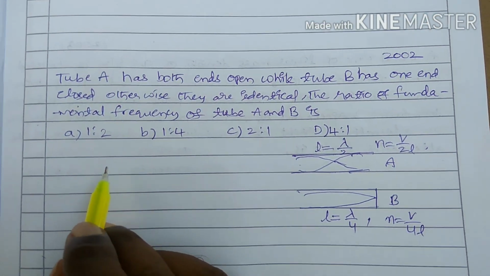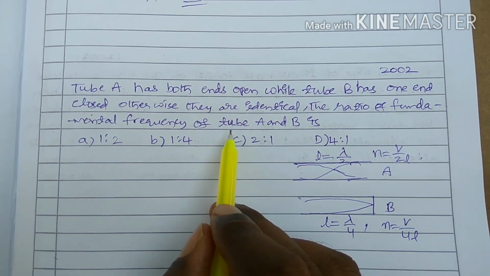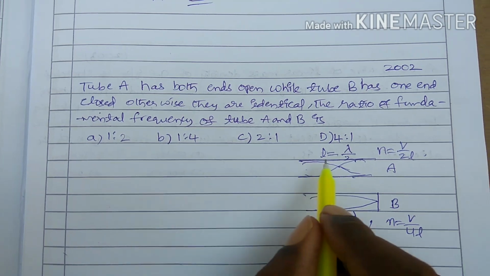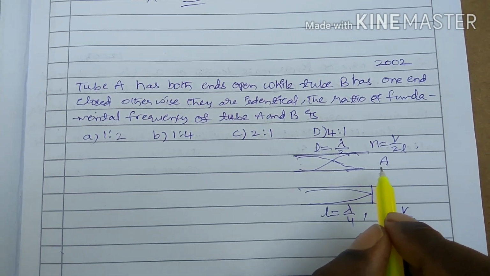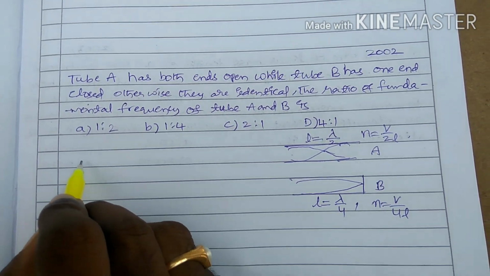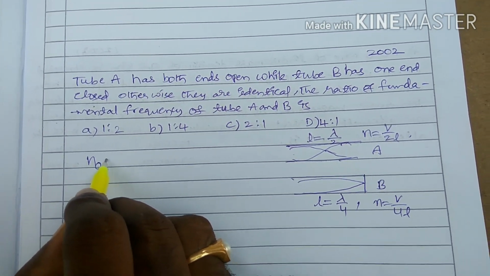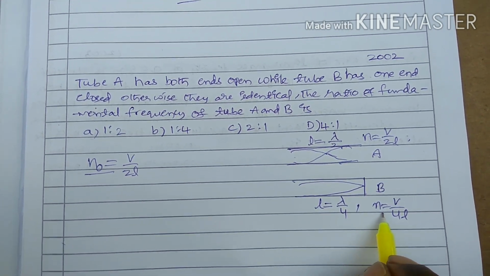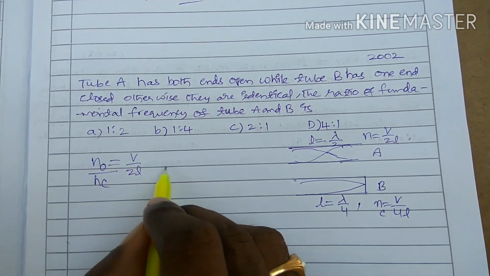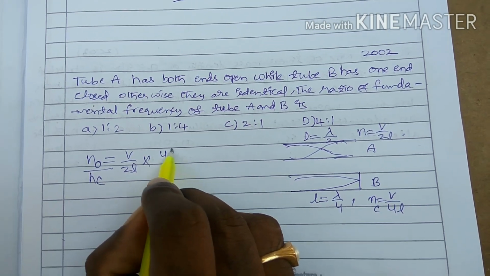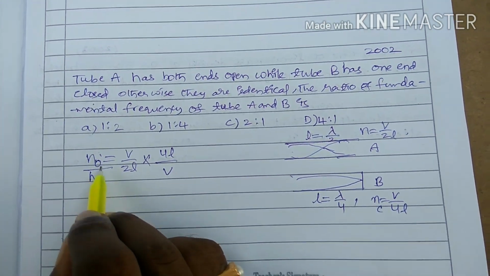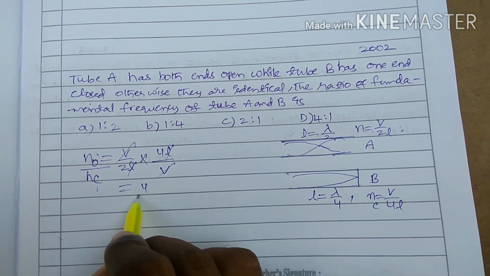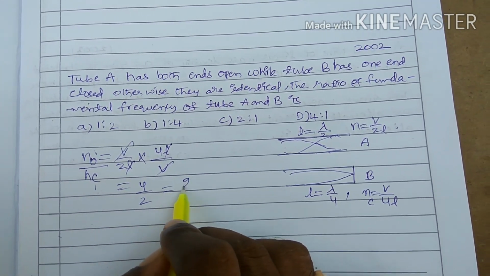Here simply we can write the ratio between the fundamental frequencies of tube A and B. Tube A is an open pipe, so the frequency of the open pipe NO is equal to V by 2L, whereas NC, the closed pipe, is equal to V by 4L. So NO by NC: V and V will be cancelled, L and L will be cancelled, 4 by 2 is nothing but 2 by 1.